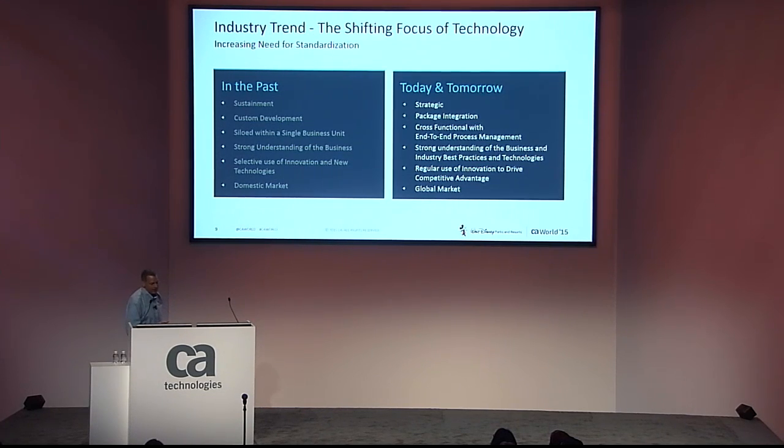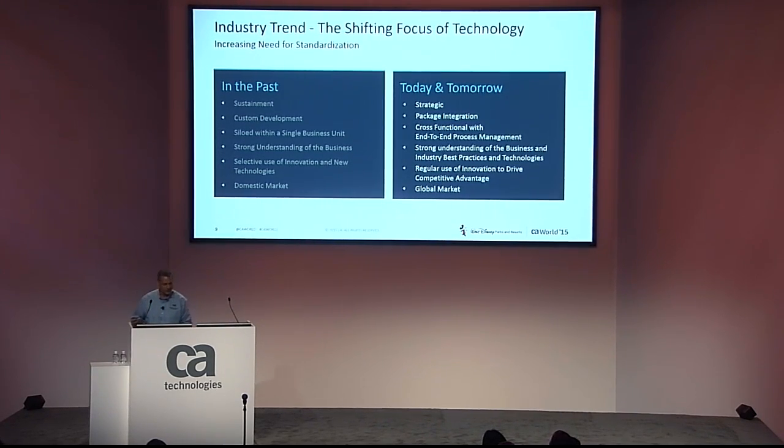In addition to the variability in the types of projects that we support, we also see an industry trend in the shifting focus of technology. Technology used to be easier than it is today. We've seen as an industry in the past, many organizations were focused primarily on sustainment or siloed work supporting a single business unit.